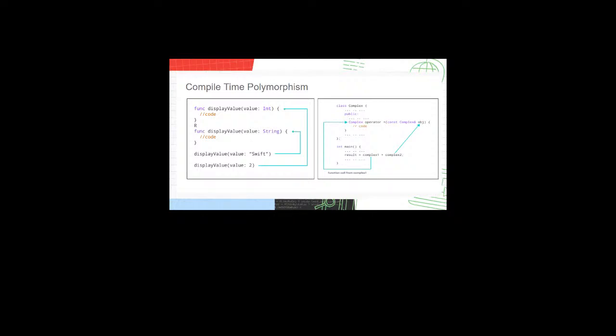When we add two objects that are defined below, this function will be called. In main, complex 1 and complex 2, which are objects of the complex class, are being added with the plus symbol. So here the operator will be overloaded and the addition operator function of the above class will be called.